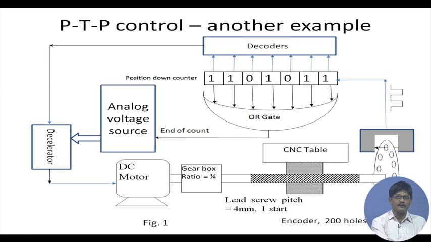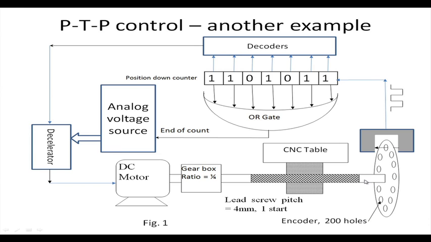We will take a quick look. I am sorry, my face is obstructing part of the figure, but hopefully you will understand. So, in this figure we see the depiction of another type of point to point control. Let us see first of all what is a prime mover. The prime mover is a DC motor. This DC motor, connected with a gearbox as previously, is also connected to a lead screw.